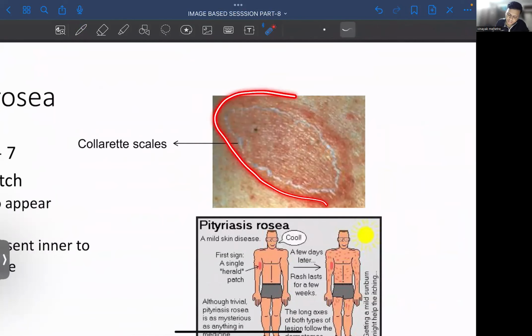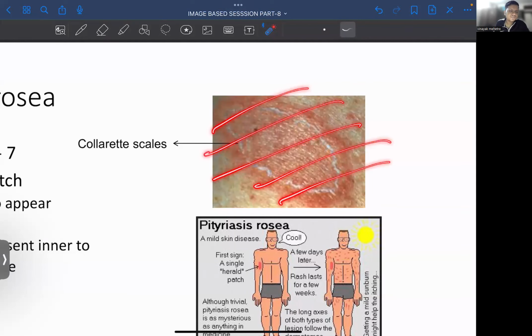Redness, and inside the redness we are able to see a whitish line. This is called pityriasis rosea. In psoriasis we had silvery white scale all over the lesion, right?